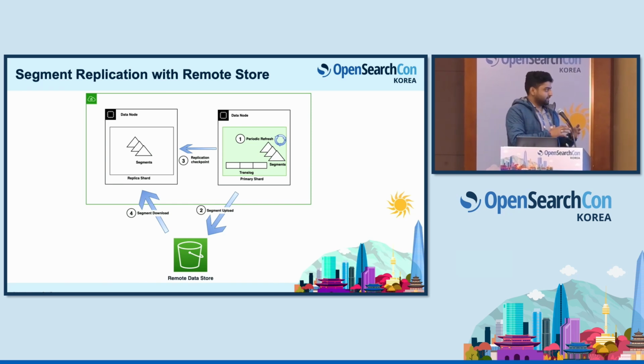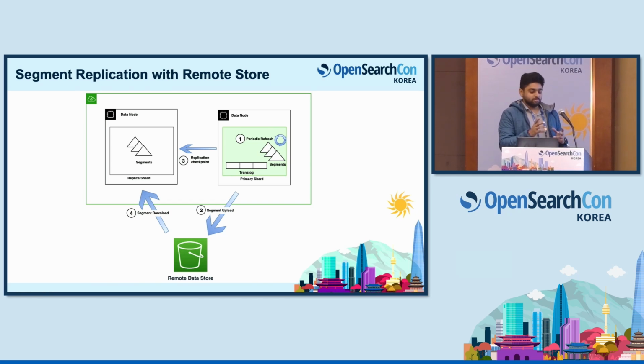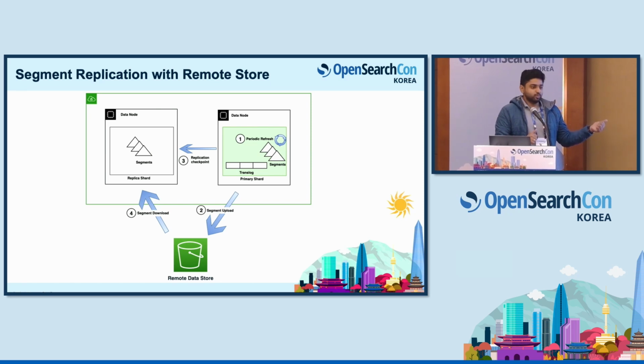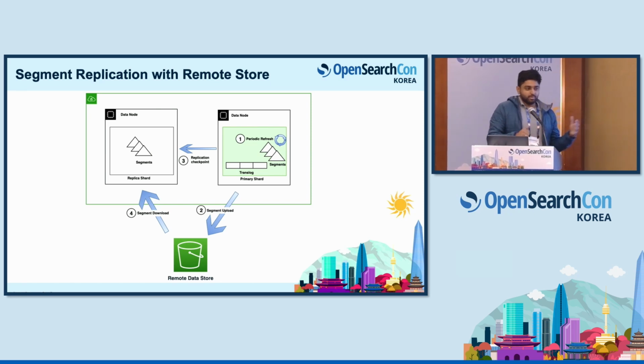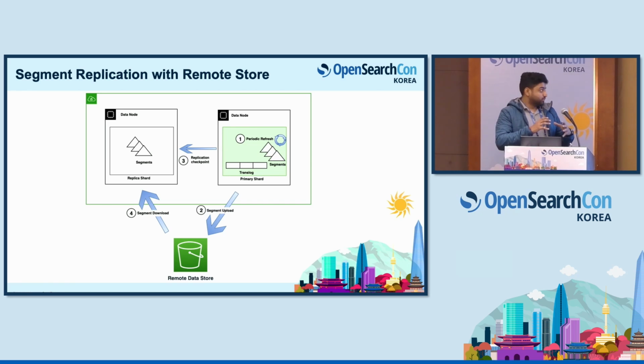This way we save all the extra compute and all the I/O that we were spending on the replicas, and you spend it only once on the primary. Apart from segment replication, one important thing to notice here is the use of remote store. Segment replication in conjunction with remote store makes OpenSearch really powerful and runs it in a really efficient way.